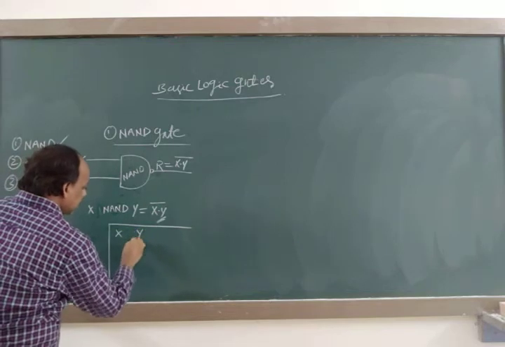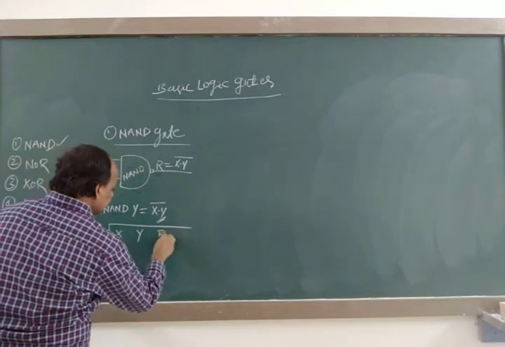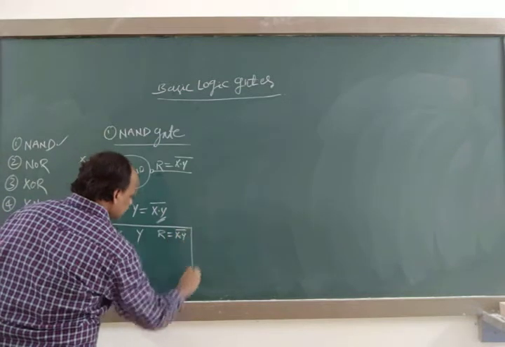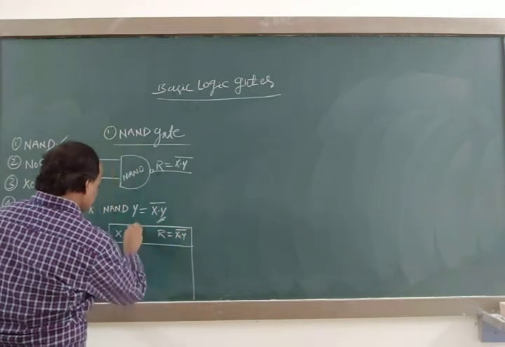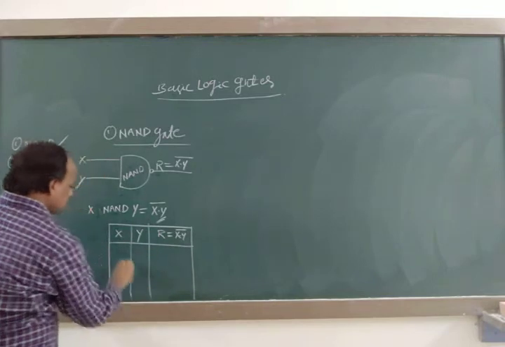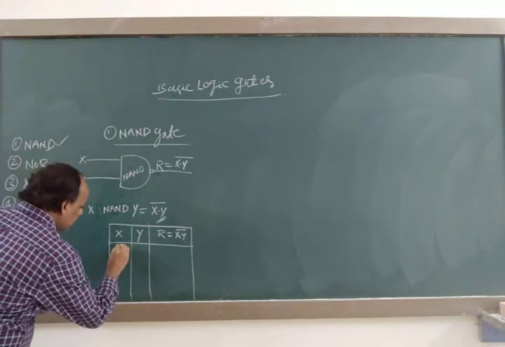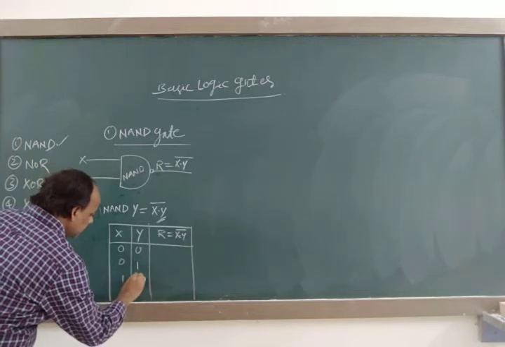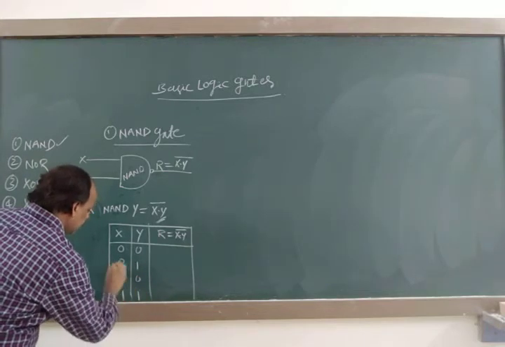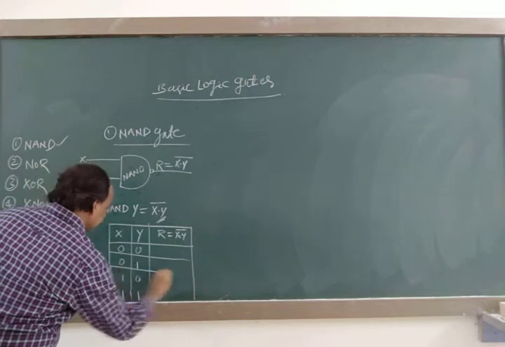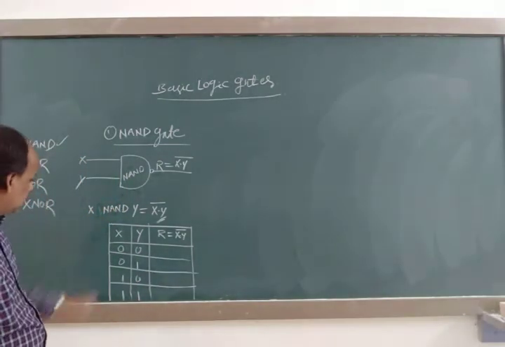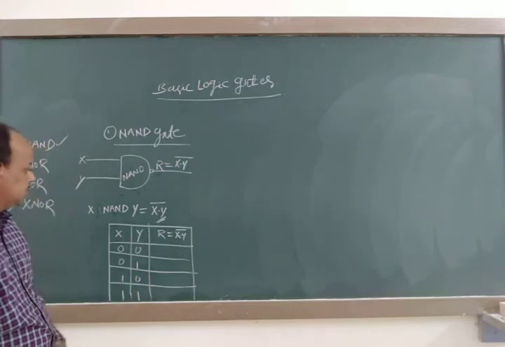X, Y are the two inputs. Resultant expression is equal to X into Y whole bar. Right? So two inputs mean four combinations: 0, 0, 0, 1, 1, 0, 1, 1.